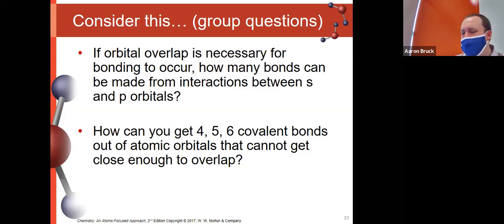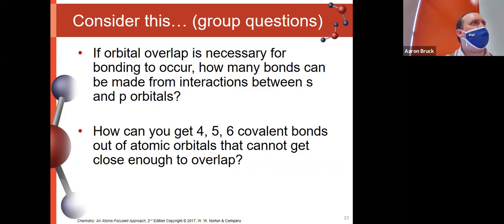What I want you to think about is this. I just presented to you this idea of valence bond theory, the idea of sigma bonds and pi bonds, the idea of overlapping orbitals in order to get bonding interactions to occur. With that in mind, how do we get to our hypervalent states?